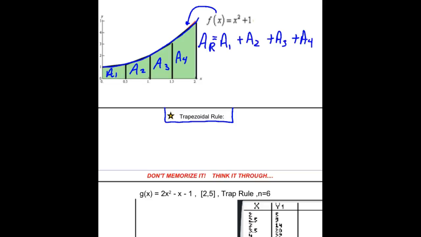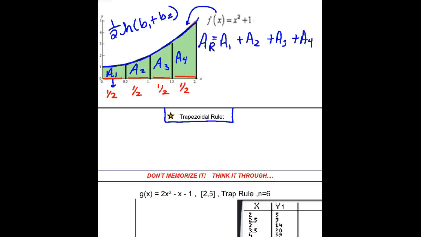So first thing I'm going to do is look at trapezoid number 1. Every one of these has an area of 1/2 of the trapezoid's height times the sum of the trapezoid's 2 bases. Each one of these has the same height because I have a change in the x-axis on all of them of 1/2. So I've got a height of 1/2, a height of 1/2, height of 1/2, height of 1/2.